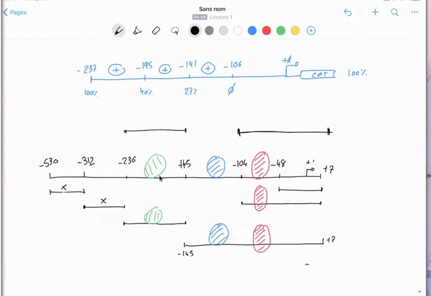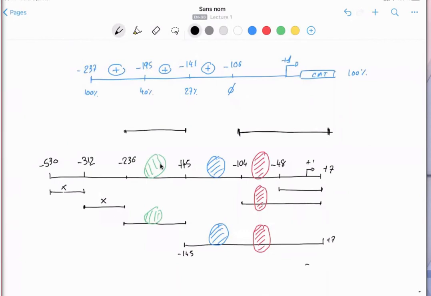Okay, so we know that the green protein can bind between minus 236 and minus 145. We know that the red one binds between minus 104 and minus 48. We know that because we are using the two fragments as competitors, and you see that only the fragment that corresponds to the probe makes the complex disappear, and not the other one. The conclusion is very important.